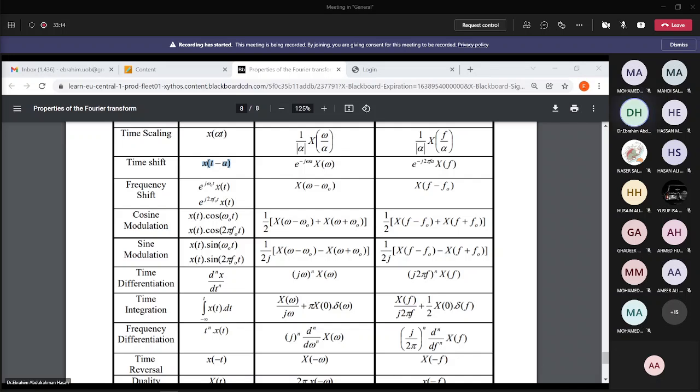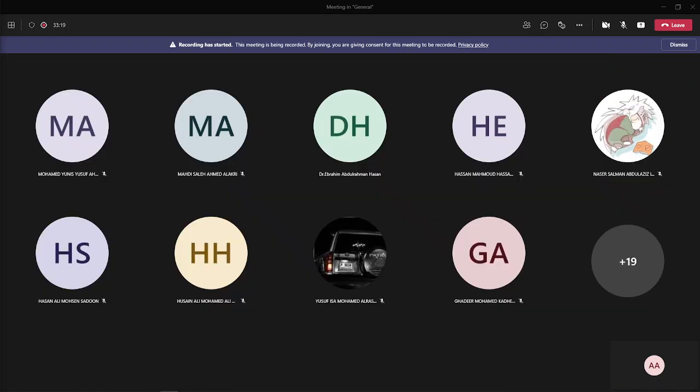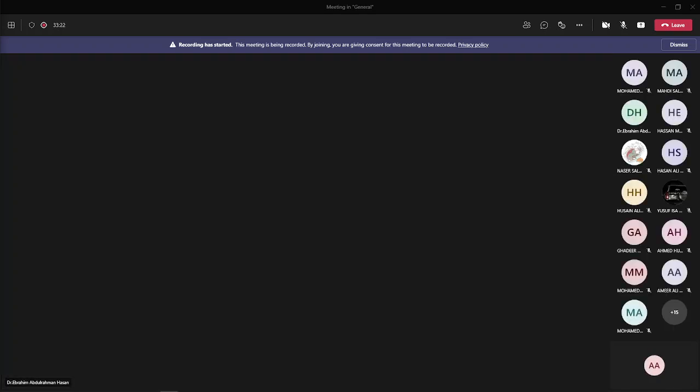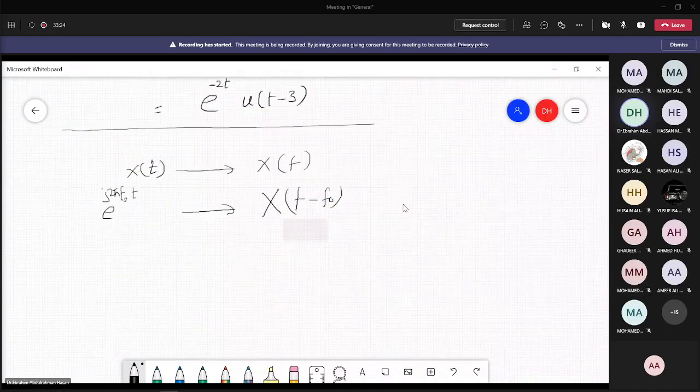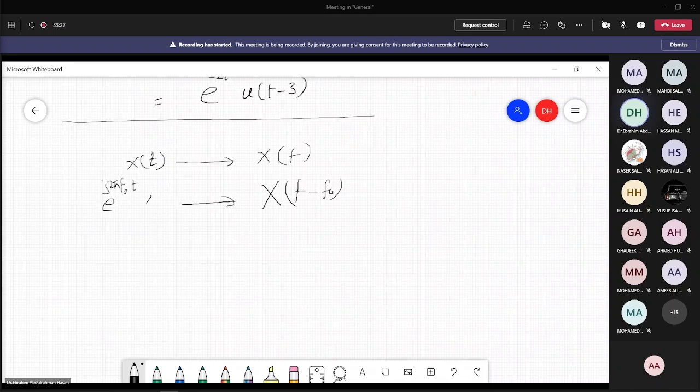So from x of t, just find x of f. And since here we have multiplication with e to the power of j2 pi f naught t, just shift x of f by f naught. And that's it.